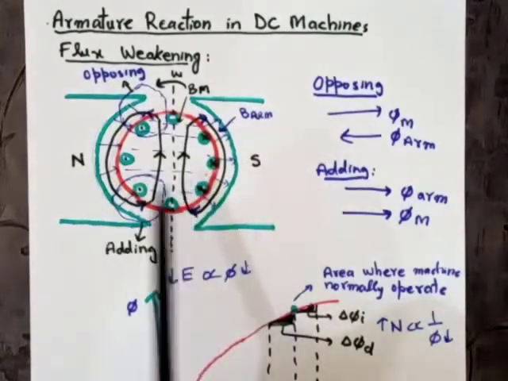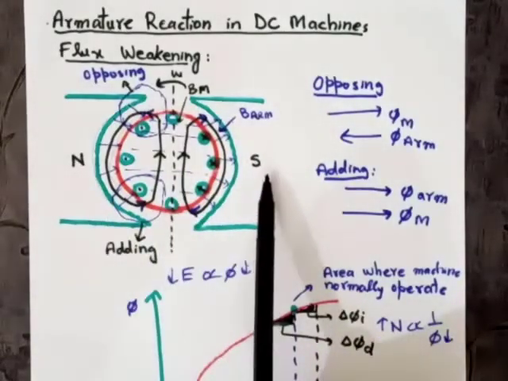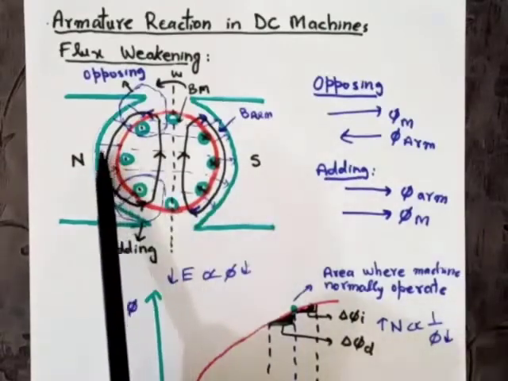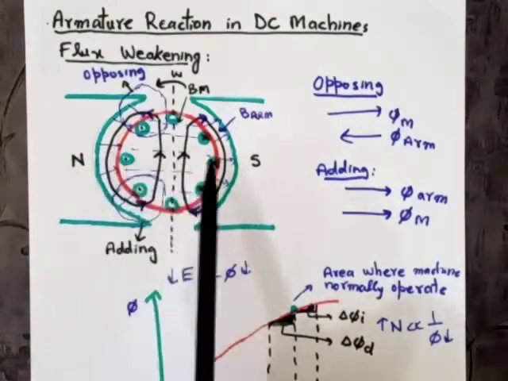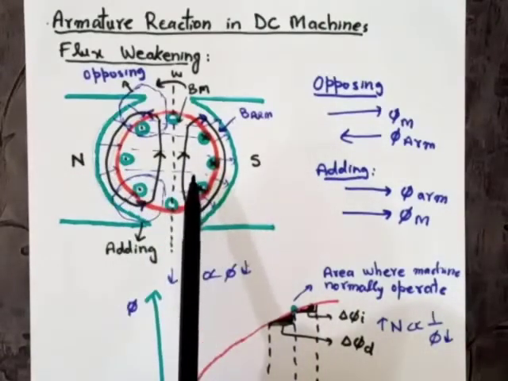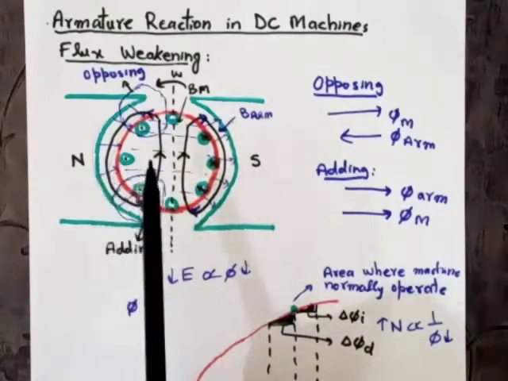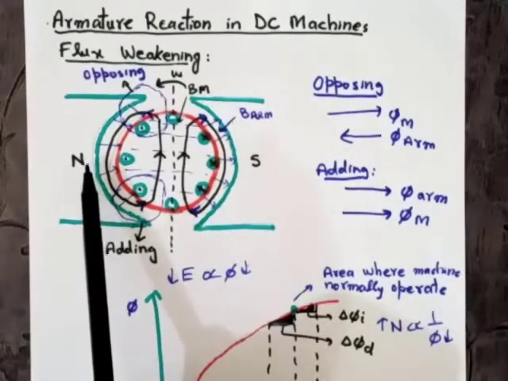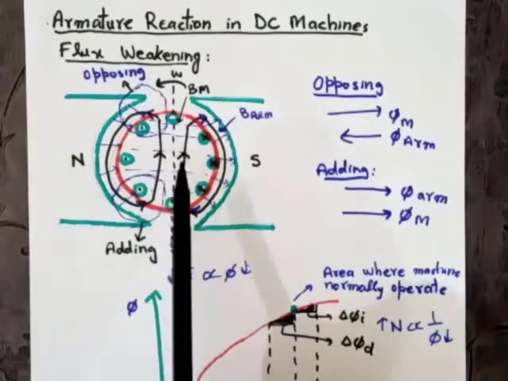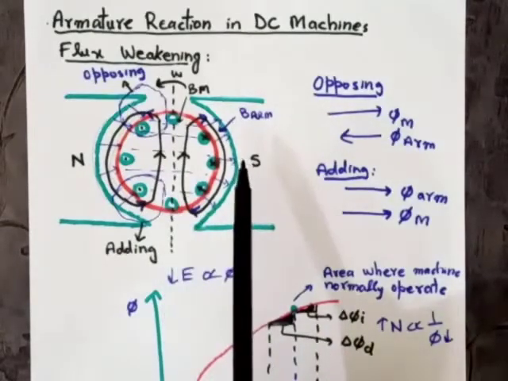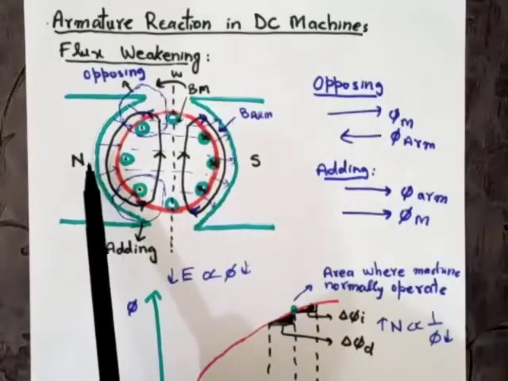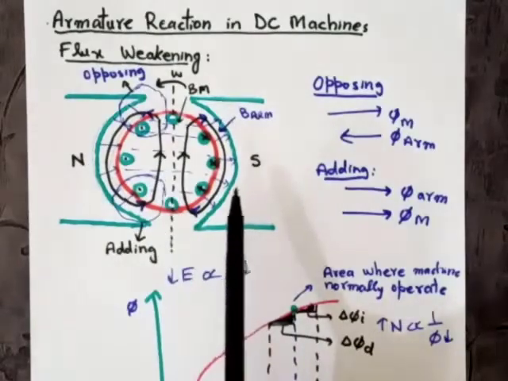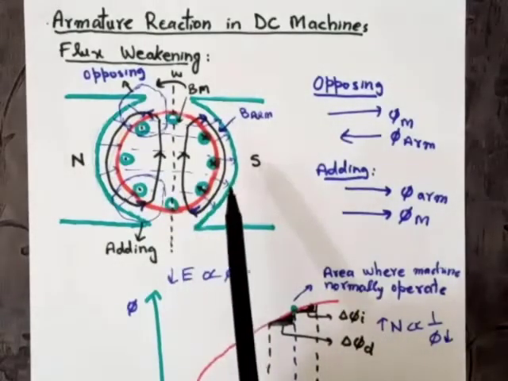As you can see in this figure, this is the north pole and this is the south pole, and this is the magnetic field or flux. Flux weakening means the magnetic field will reduce from north to south due to the armature reaction.